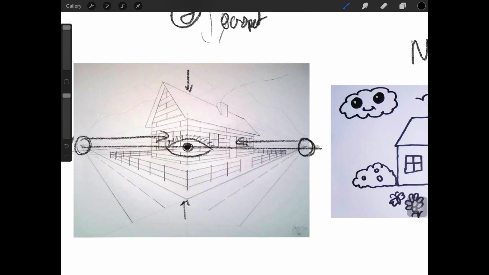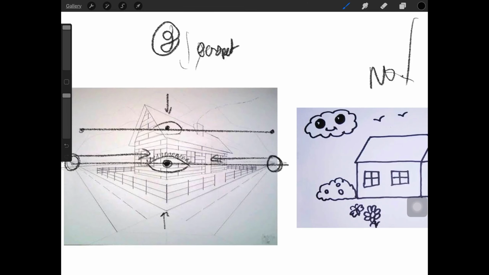Horizon line is your eye level actually, so don't be confused by that. Once your eye moves above somewhere here, your horizon line will be there, your two vanishing points will be there, then this thing will come down, the house will come down.